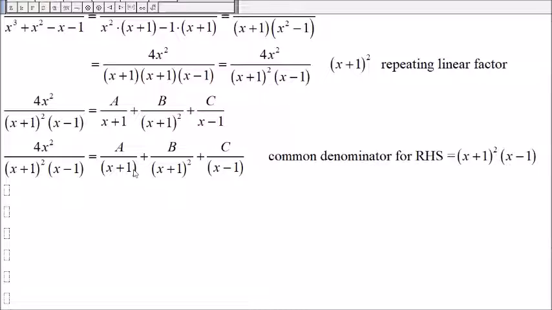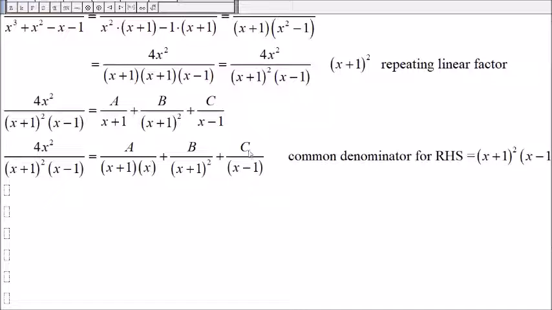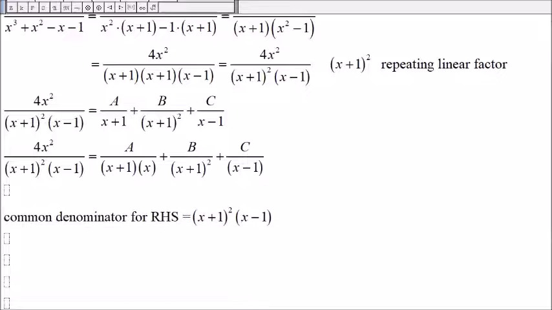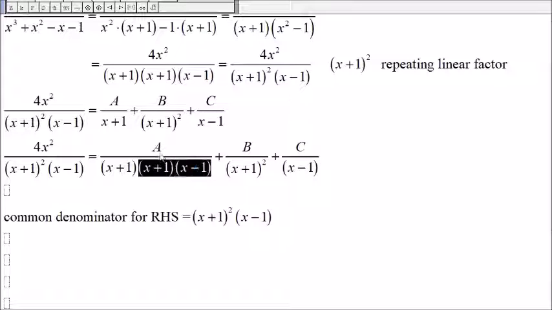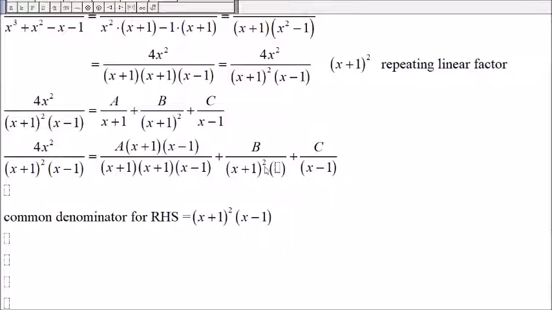And so right here we will need x plus 1, x minus 1. So we have to multiply the top and the bottom by the same thing. And then for this one, we will need the x minus 1. And then for this one, we will need the x plus 1 squared.